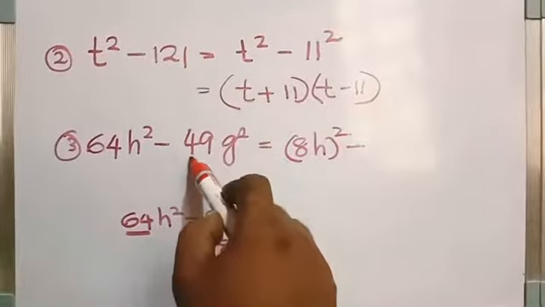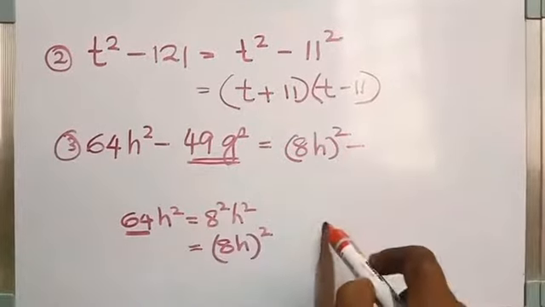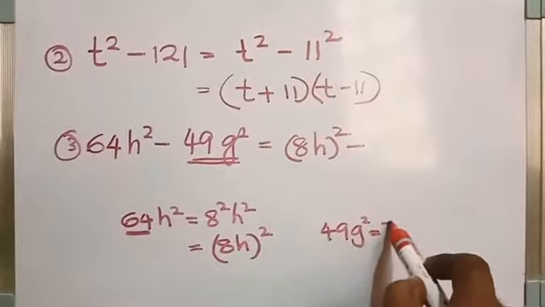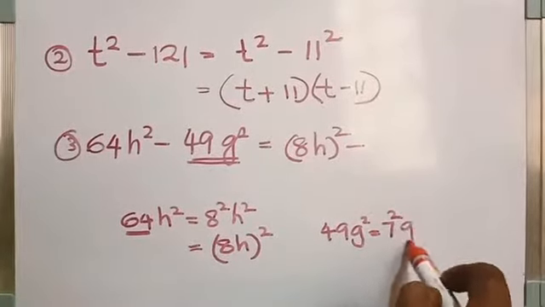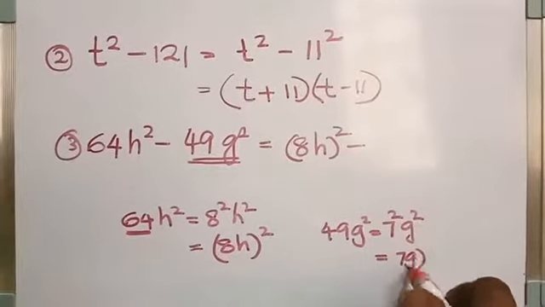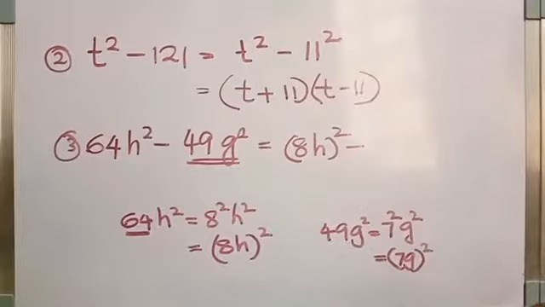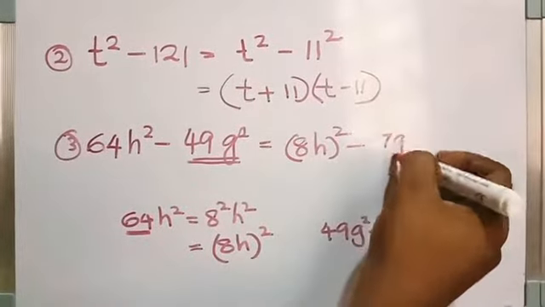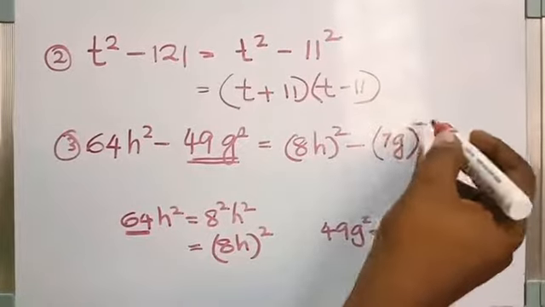Minus, similarly 49g squared. How do you write 49g squared? 49 is 7 squared into g squared, that is 7g the whole squared.